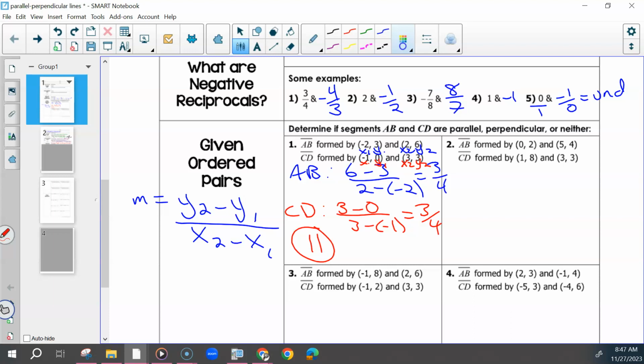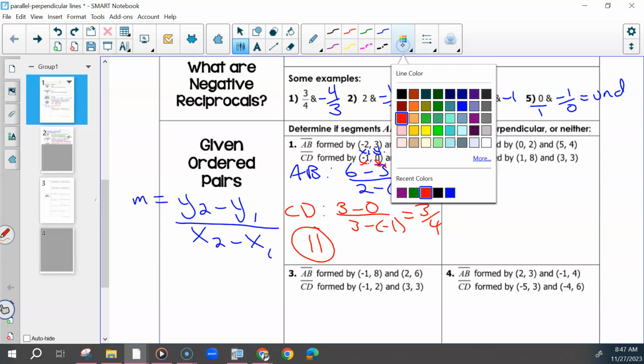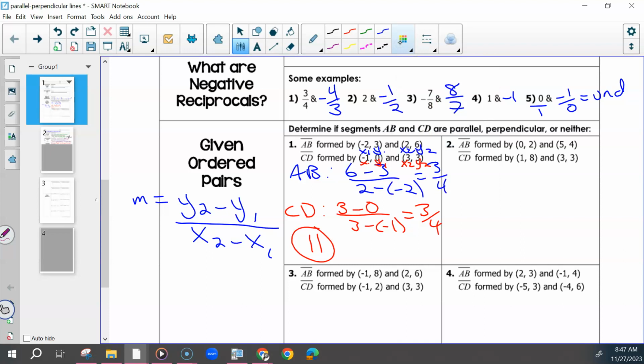Let's try the next one. For number 2, the slope for AB would be 4 minus 2 over 5 minus 0. What is the slope of AB? Positive 2/5.